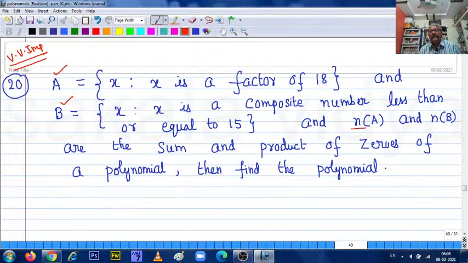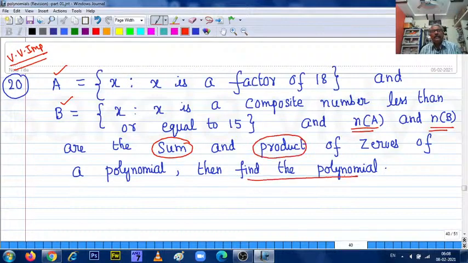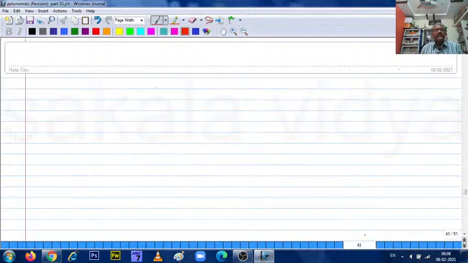So n of A means the number of elements present in A, and n of B the number of elements present in B. Here n of A is the sum alpha plus beta, and n of B is the product alpha beta. Then the polynomial is given by x square minus alpha plus beta into x plus alpha beta equal to 0. So first of all, write down the given data. Don't worry. Let us do it step by step.